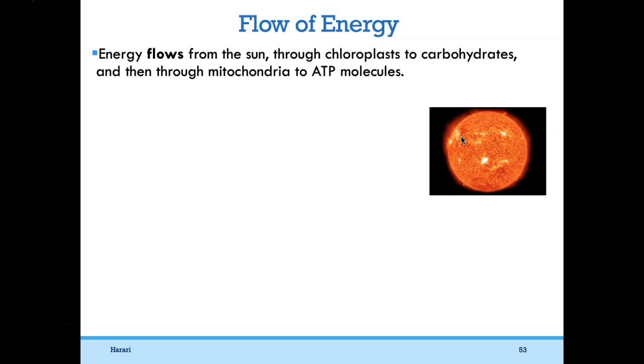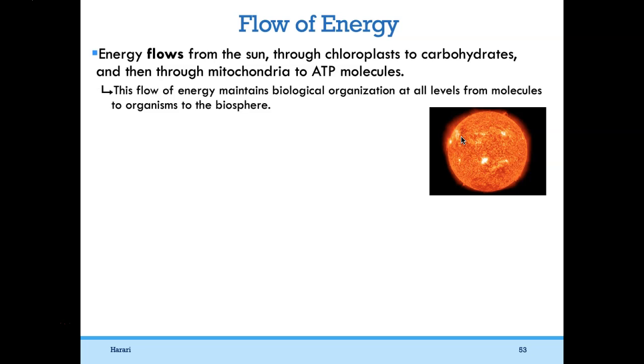So this flow of energy is crucial to all of life on Earth. And of course, this flow of energy is what maintains the biological organization at all levels, from atoms to the biosphere.